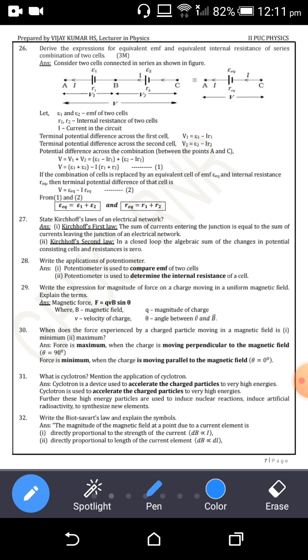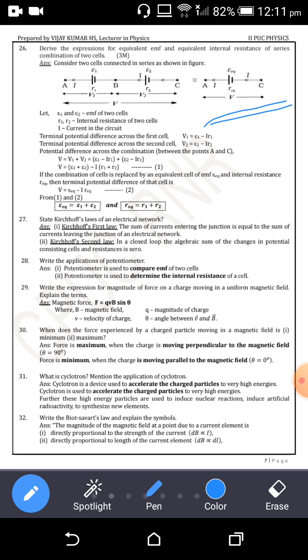R1 is the internal resistance of the first cell and R2 is the internal resistance of the second cell, where V1 is the potential difference across the first cell and V2 is the potential difference across the second cell. The total potential difference is V is equal to V1 plus V2 across both the cells. If the two cells are replaced by a single equivalent cell, as you can see in the figure towards the right, it has E equivalent and R equivalent.